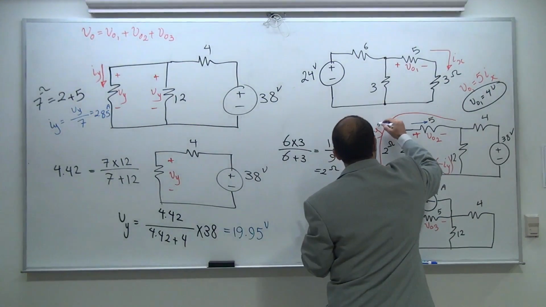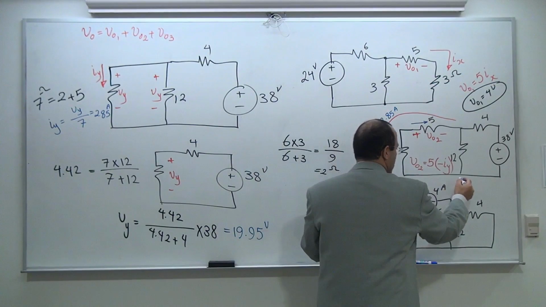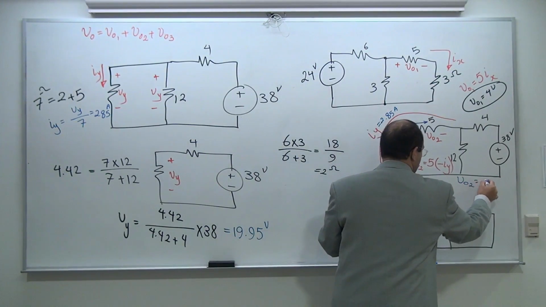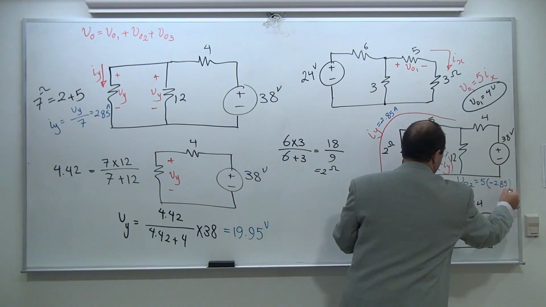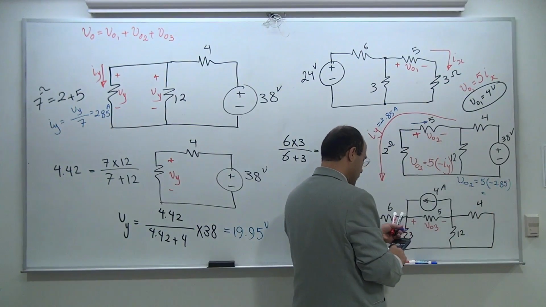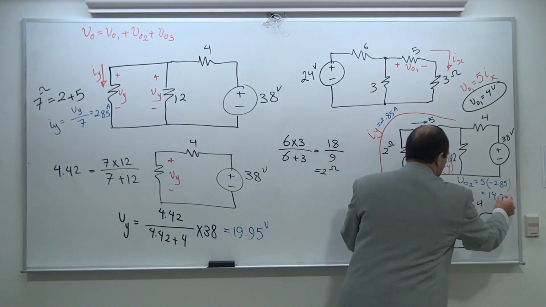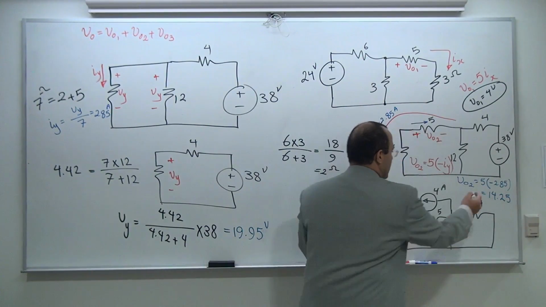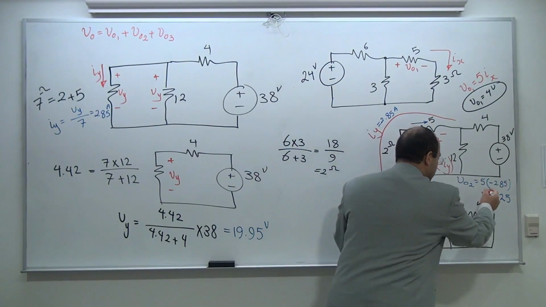So this is 2.85 amp. How much is my VO2? It's going to be 5 times minus 2.85, and the result is 14.25 with a negative sign. I'm going to actually make that red.